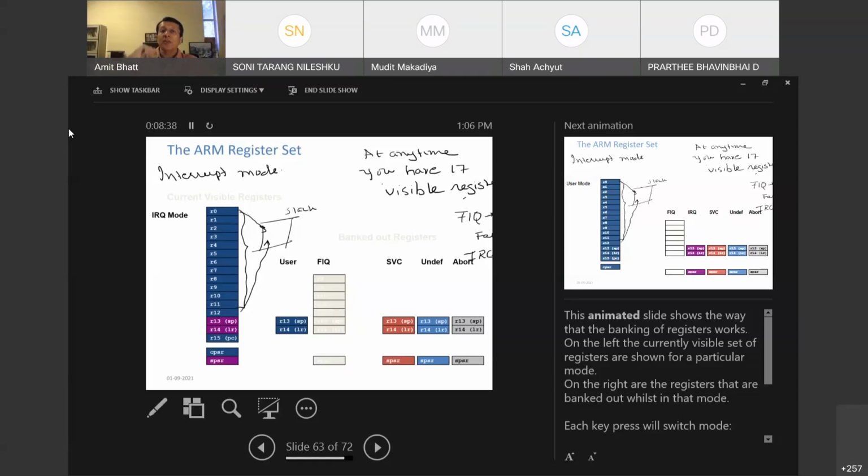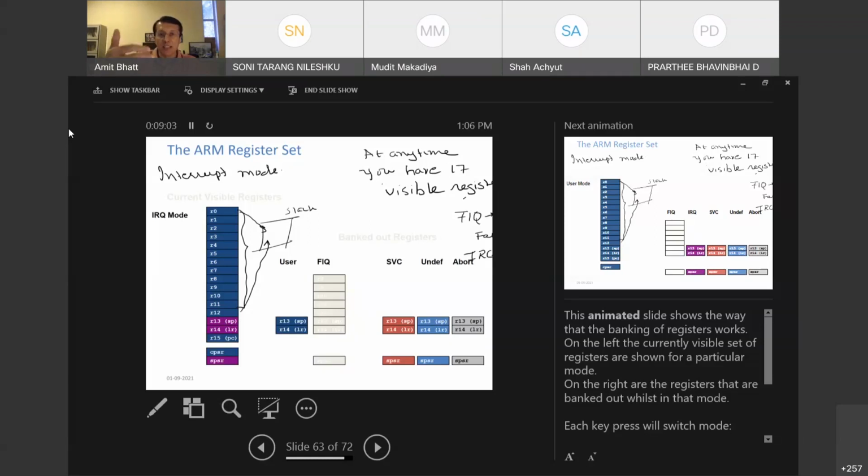Or if you take a medical condition, if a patient is having a heart attack, that particular sensor, a heart monitor, I want to give highest priority. So if I give it an FIQ, it means this particular signal from this particular sensor has the highest priority, and that means I have to give it VIP status.